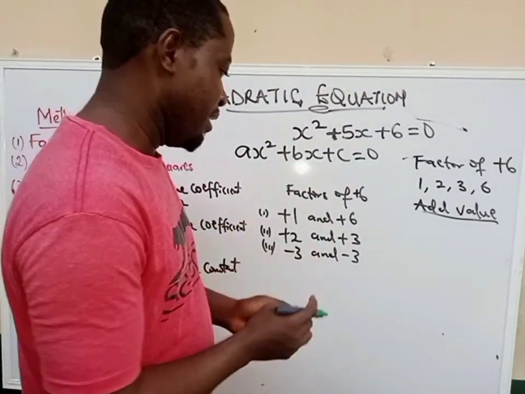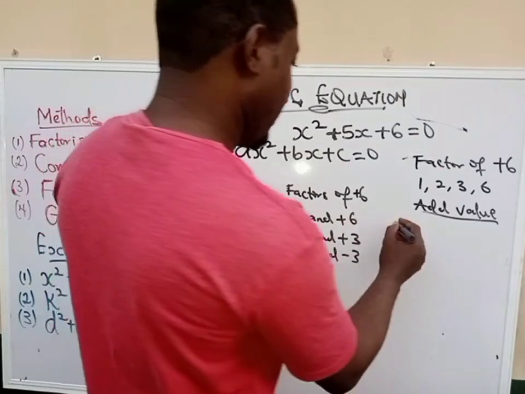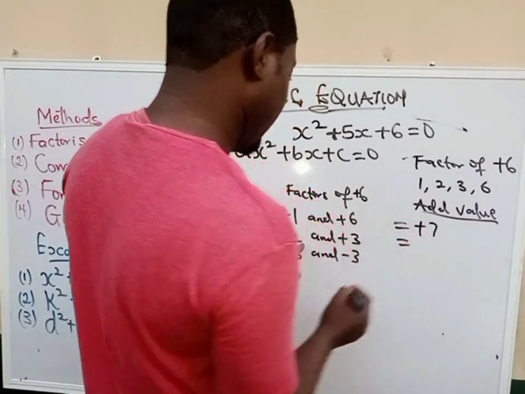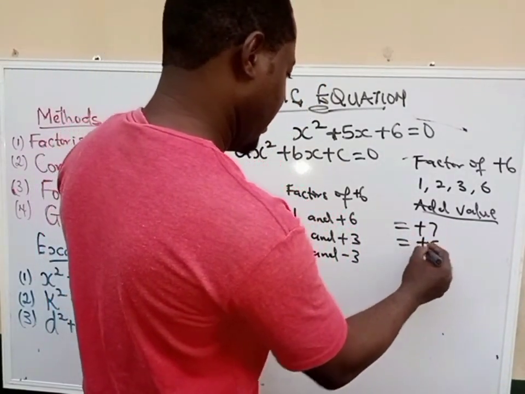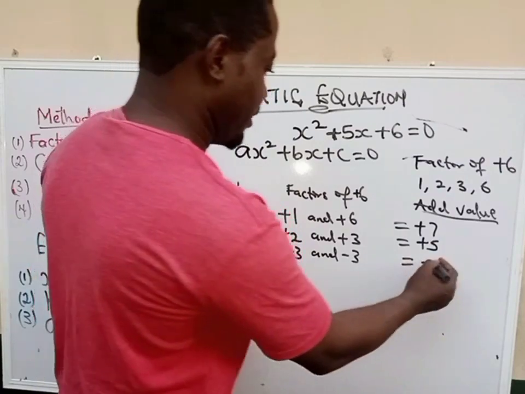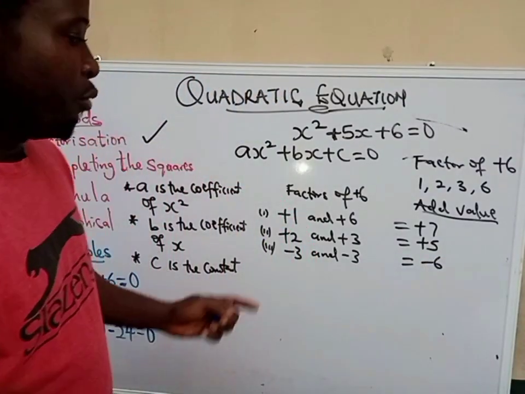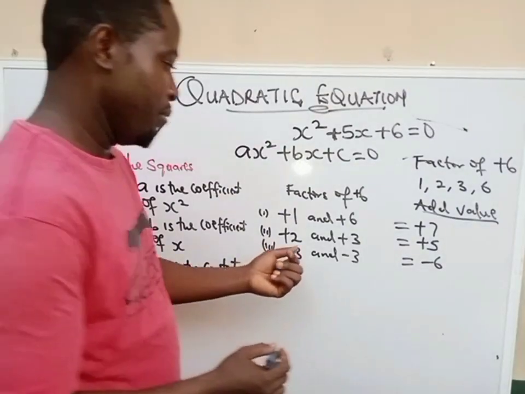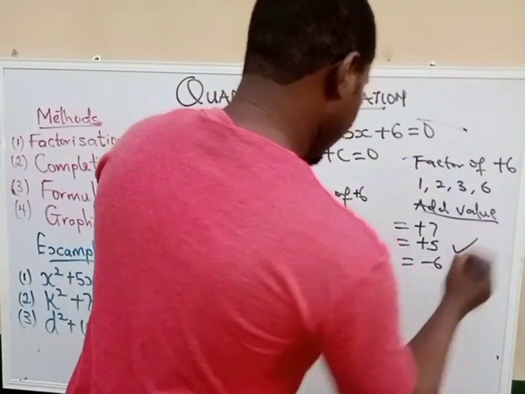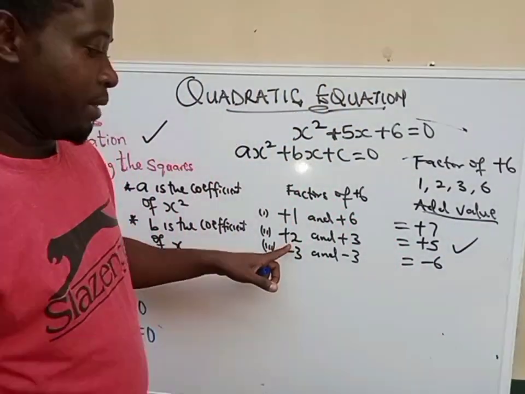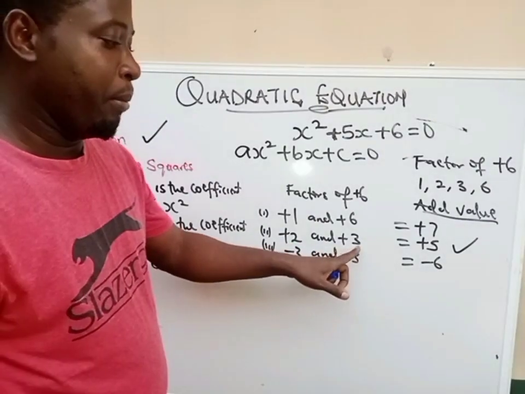Now let's see the one I can add together. If I add this, it's going to give me plus 7. If I add this, it's going to give me plus 5. If I add this, it's going to give me minus 6. So the one that is going to be useful to me is plus 2 and plus 3.